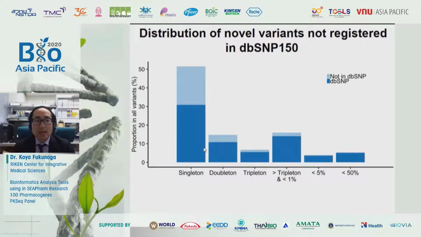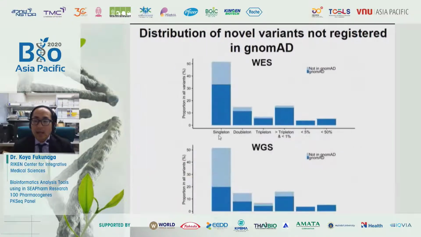However, the absolute number of novel variations with a minor allele frequency less than 1% within the SEAPharm database is large. Of variations with a minor allele frequency more than 5%, we did not see novel variants in dbSNP. I compared with gnomAD, and the tendency is the same.